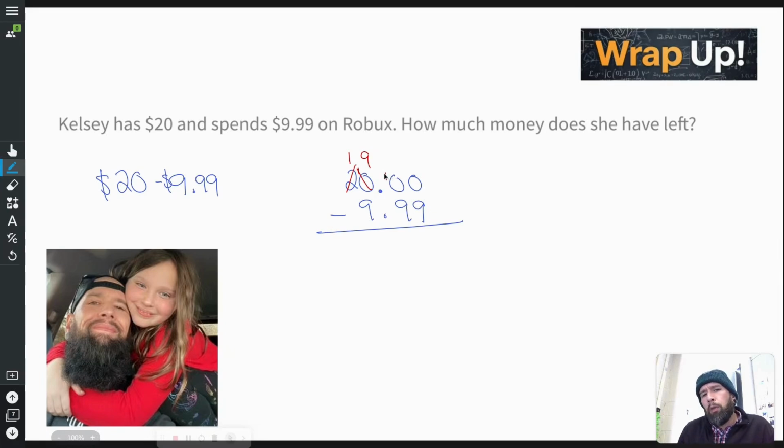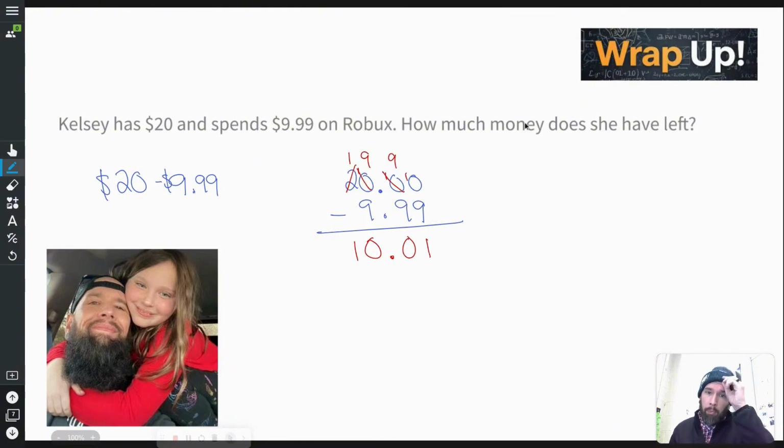Gross. 10 minus 9 is 1. 9 minus 9 is 0. 9 minus 9 is 0. 1 minus, there's nothing there, is 1. So I get 10 and 1 hundredth.